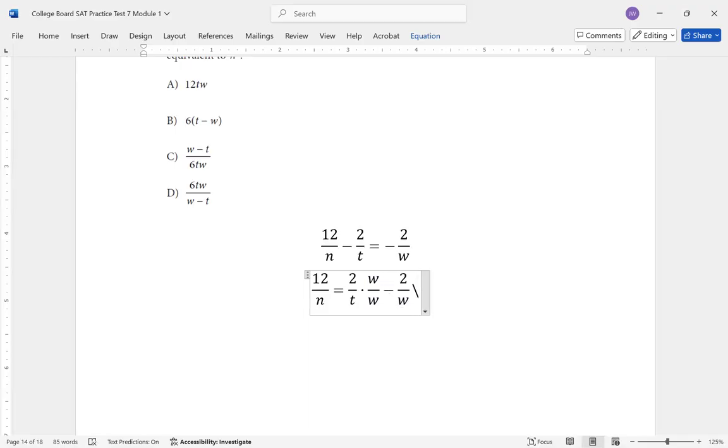In the second case, I would multiply times t over t to get a common denominator. And then I'd add those up. I'd have 12 over n is equal to a single fraction over w times t, or t times w. In the numerator, it's 2w minus 2t.